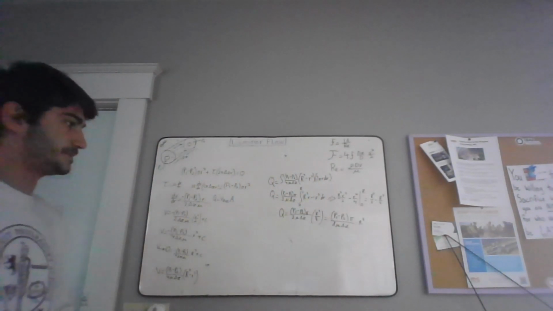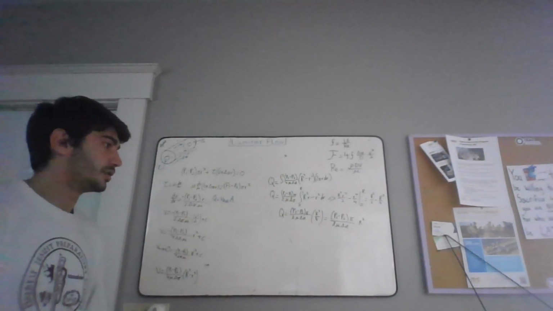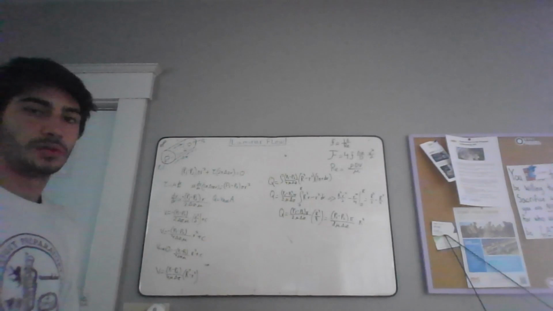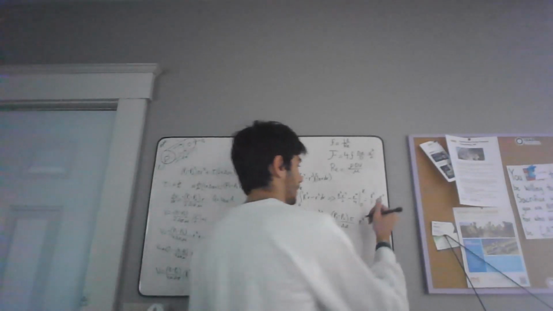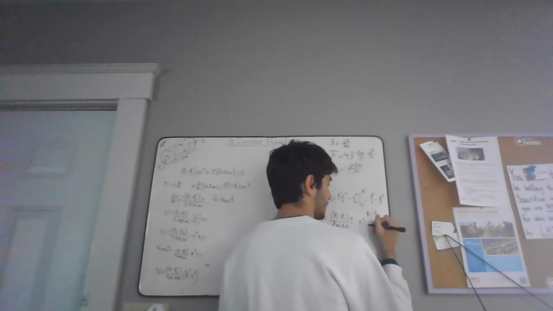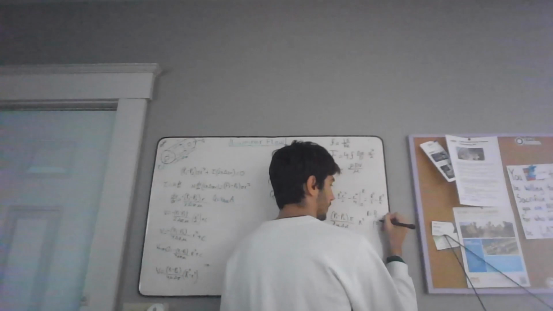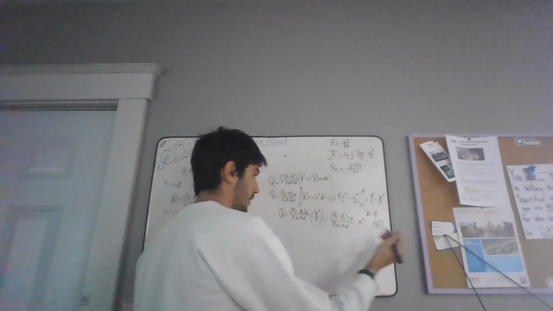Alright, then what we can do here to start simplifying even more, we can plug in the diameter for the radius, right? We know that radius is equal to diameter over 2, so this becomes diameter to the 4th over 2 to the power of 4, right?